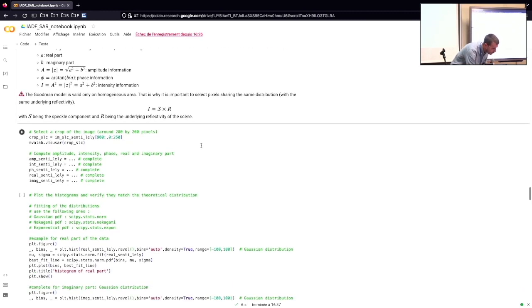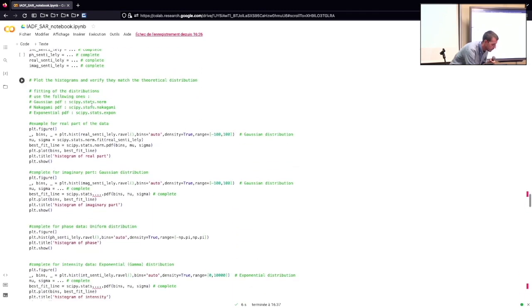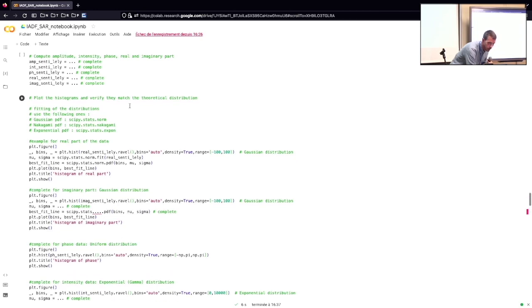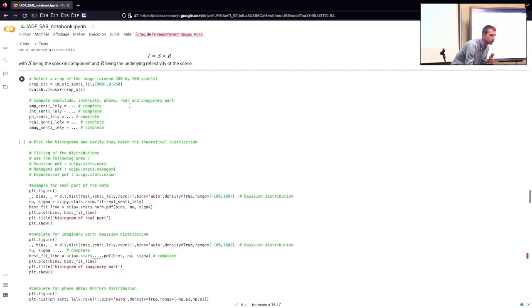So what we're going to do here is to fit the different distributions that I have provided you on the different components that characterize a SAR image. So let us do that. I'm going to complete the code so that we can have a look at the histogram and the theoretical distributions together.